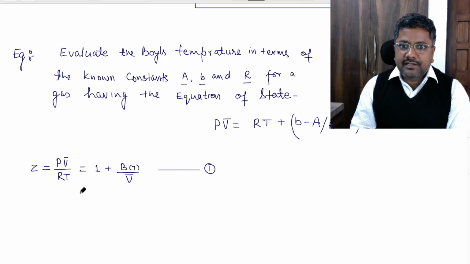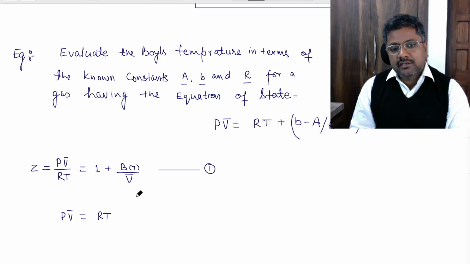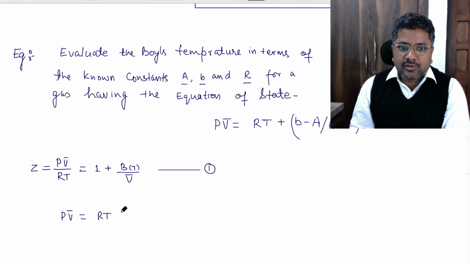So you can write here PV bar is equal to, multiplying RT through the whole equation, RT plus BT into RT by V bar.